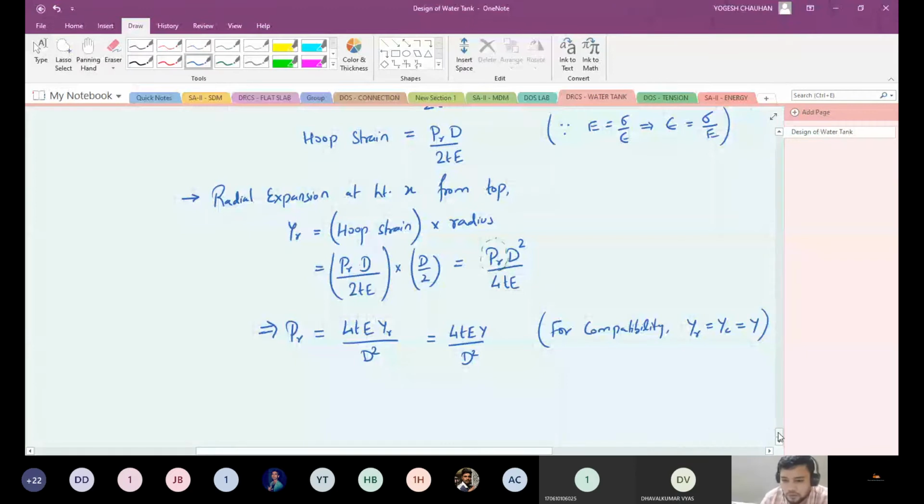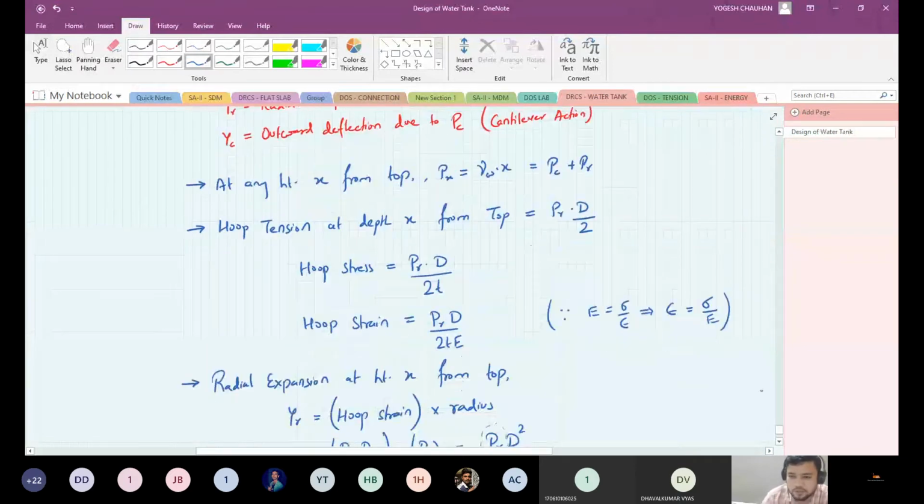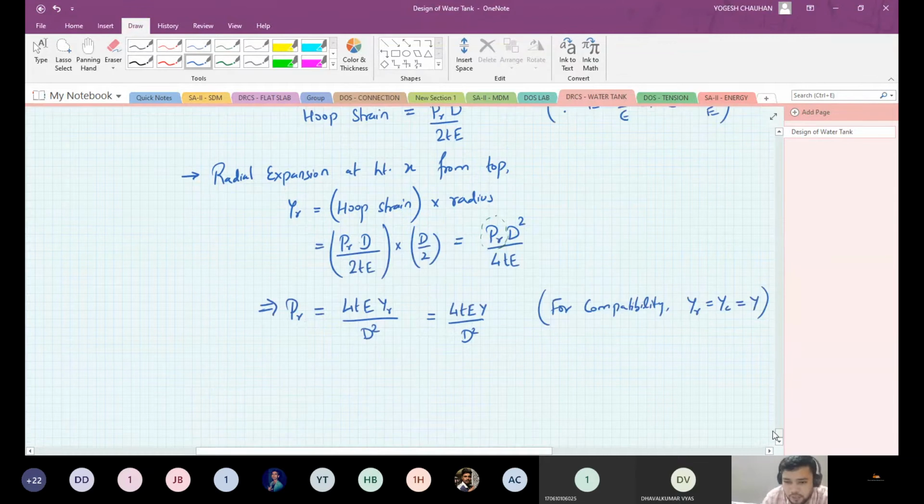So PR equals 4 T E y divided by d square. Let us mark this as number 1. In this equation, you require the value of PC and PR. We have the value of PR in terms of the deflection y.